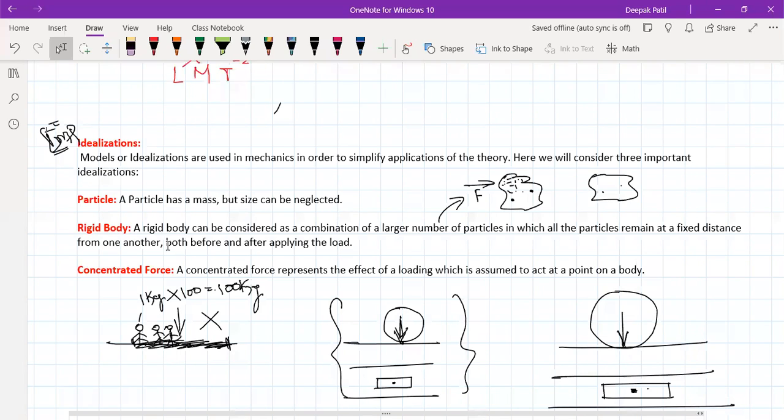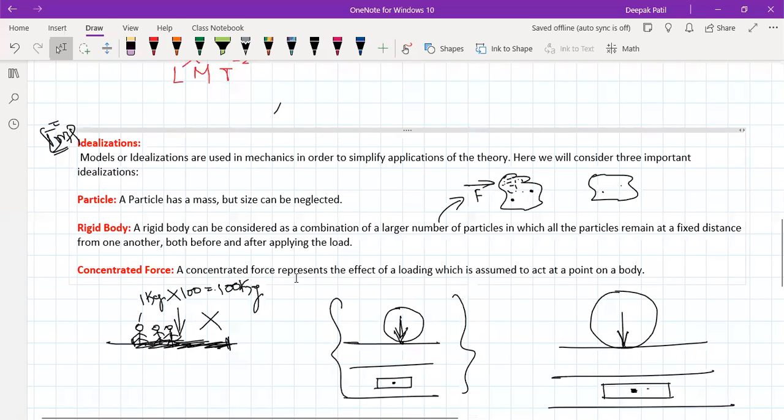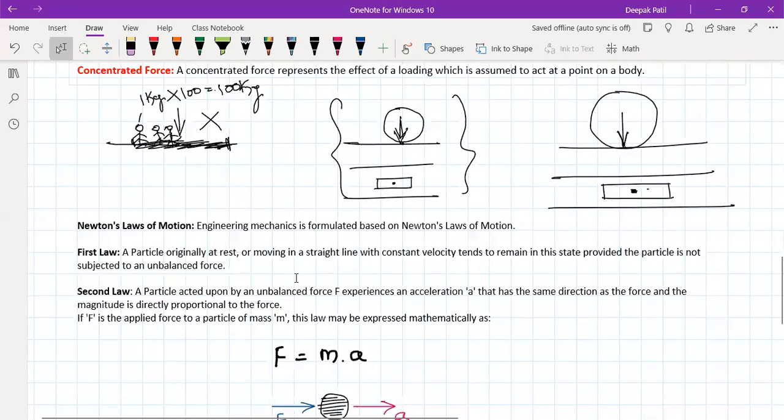Just to avoid these complications and unnecessary calculations, we usually neglect the size of the Earth. If you consider it, it will not matter at all; if you don't consider it, it will not matter either. But if you don't consider it, you end up with a simple analysis and simple numerical work. So that's why we neglect the size and shape, and consider it as a particle.